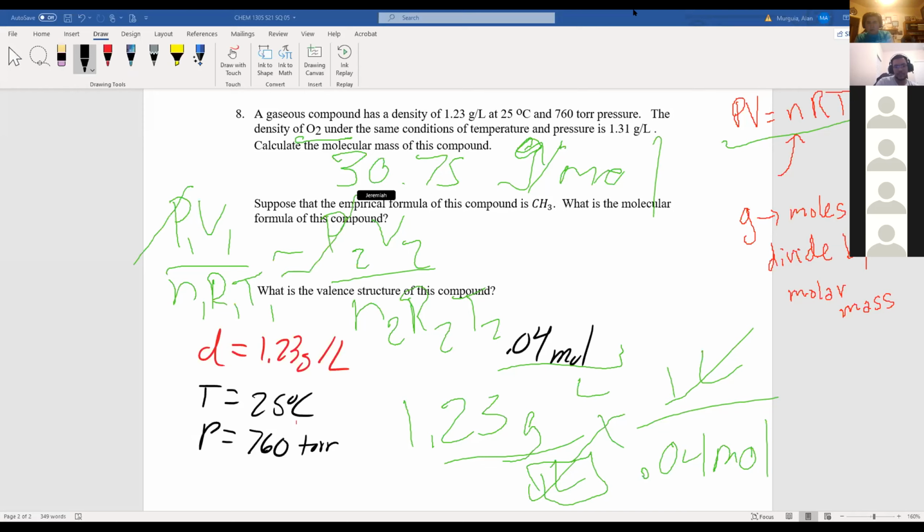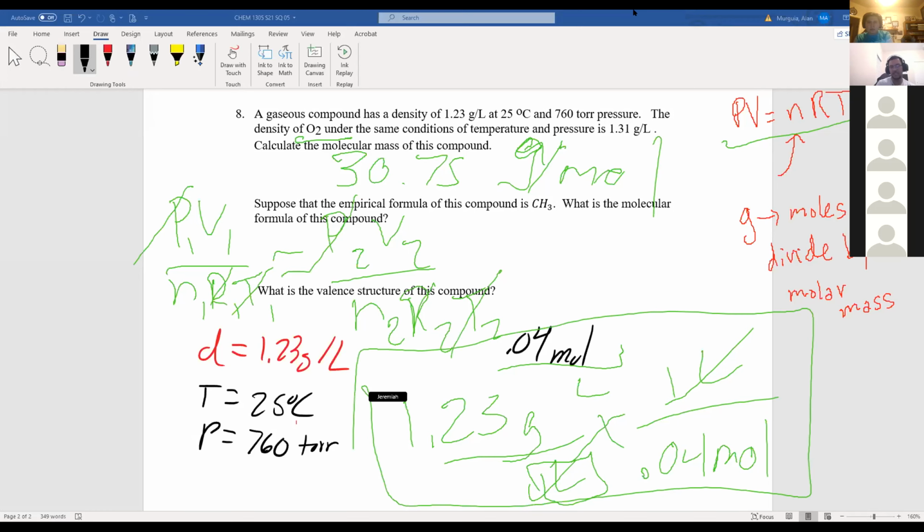The temperatures are the same, so we can get rid of that. And the constants are going to be the same since we use the same constants for each one. All that's left now is the moles and the volume. But since we know that the volumes are going to be the same because of the density that we used, those can also be canceled out. They end up being canceled out when converting to the moles of O2, which was the oxygen gas. I don't know if that answers your question though.